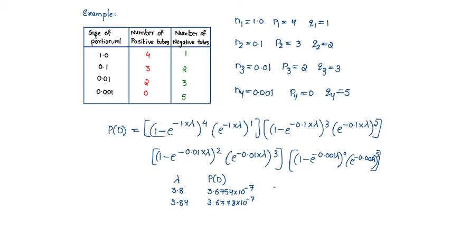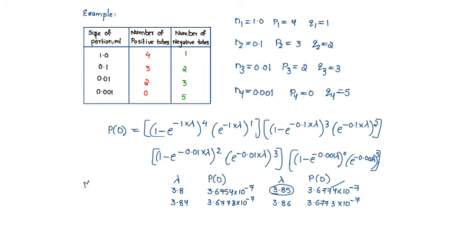Lambda corresponding to 3.85, our probability will be 3.6774 into 10 power minus 7. For lambda 3.86, it will be 3.6773 into 10 power minus 7. So our maximum is obtained at this value, that is lambda is 3.85.